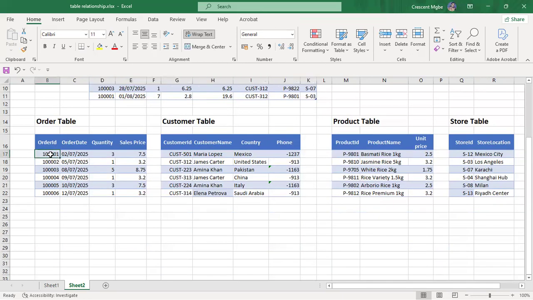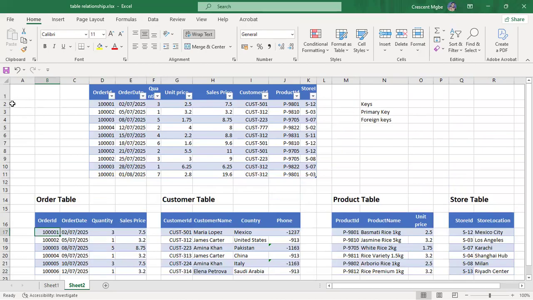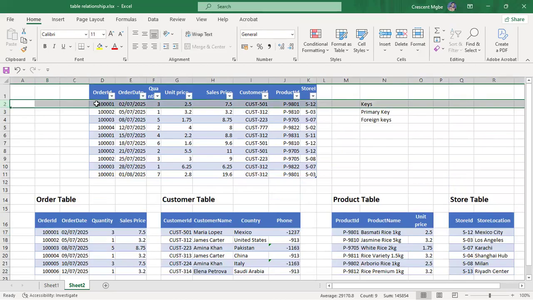All right, so let us start from here. This is the primary key. How do you know a primary key? Number one, a primary key identifies a row. Number two, it is not duplicated. A primary key cannot be duplicated. This order was the first order placed that day.